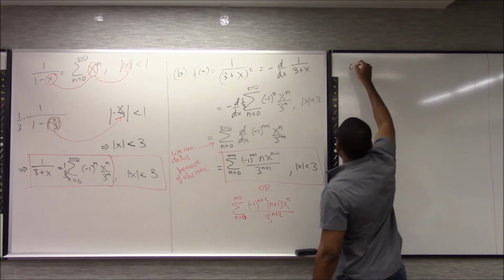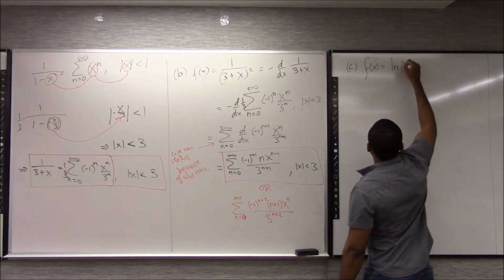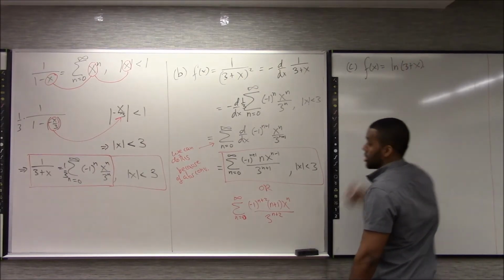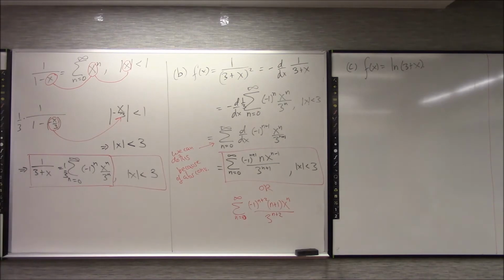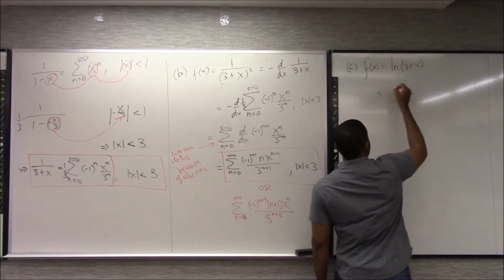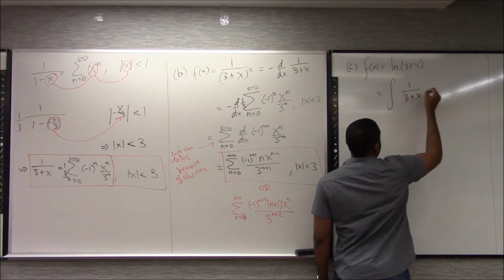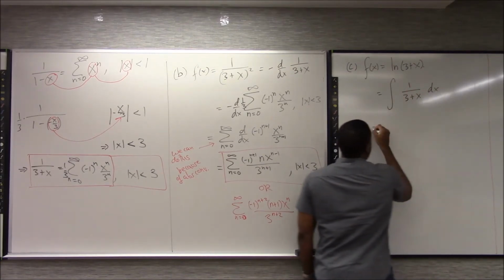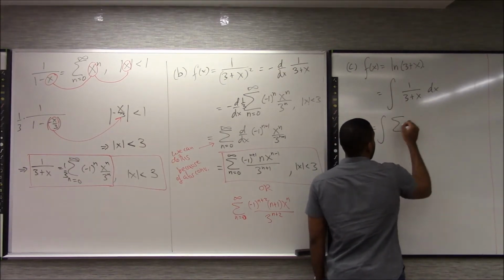What do you think about C? The integral of 1/3 plus x was the integral of the guy that we found. So this is just the antiderivative of this function that we found.